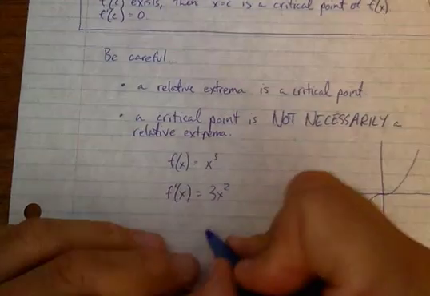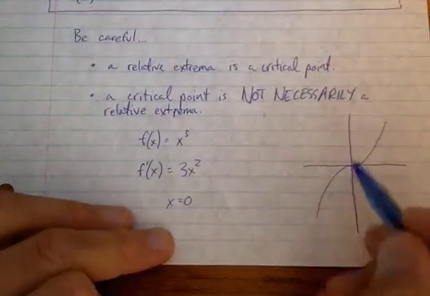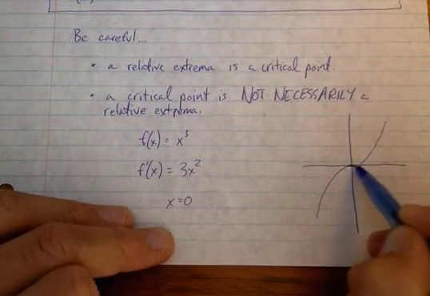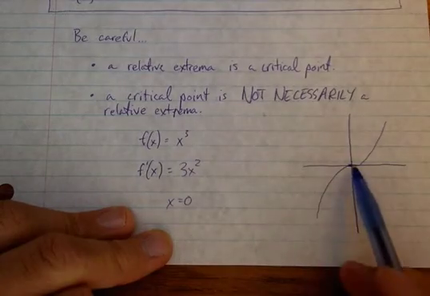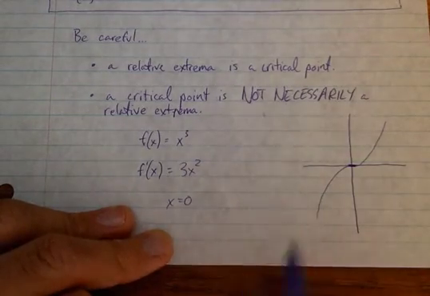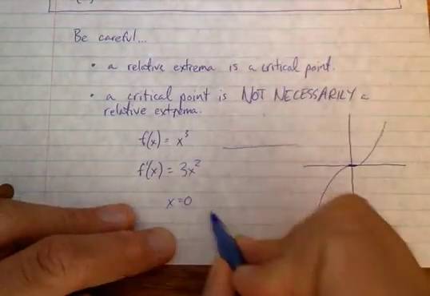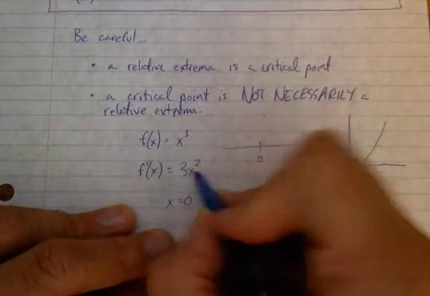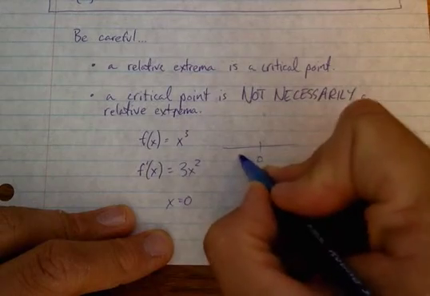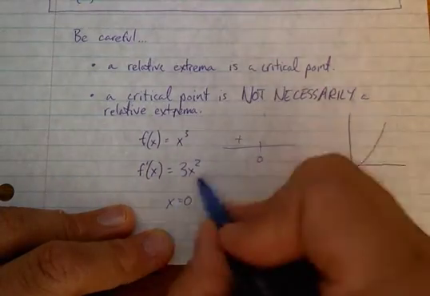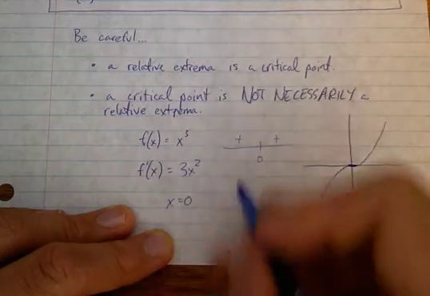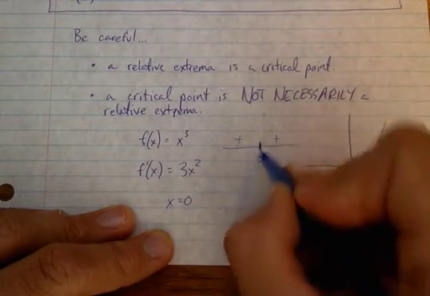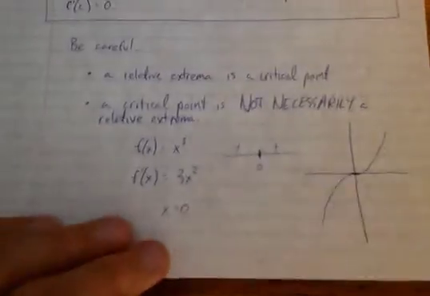Where's the critical point? Well, it's just at x equals 0. But x equals 0 on this does not mean that it is a relative extrema. So you have to check. You have to check on that little number line. You'd say, okay, well, if I plug in negative 1, here's x equals 0. If I plug in negative 1, that would give me positive 3. If I plug in positive 1, that would also give me positive 3. So I know that this is a critical point, but not necessarily a relative extrema.